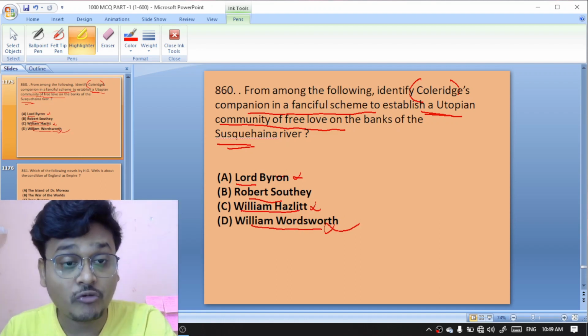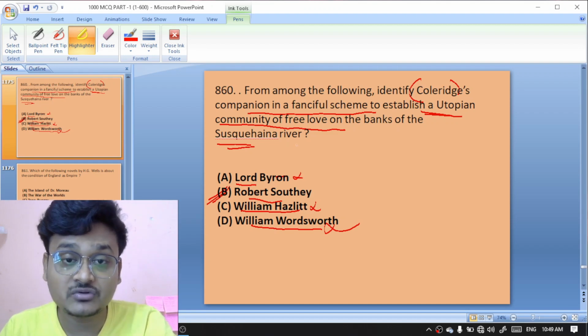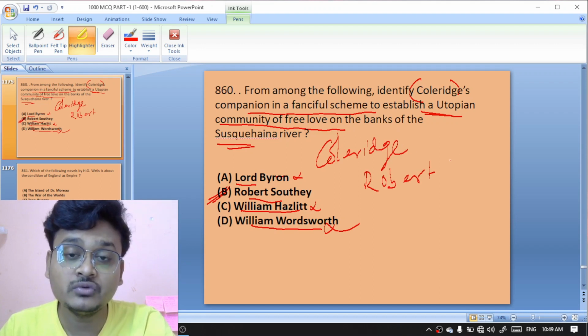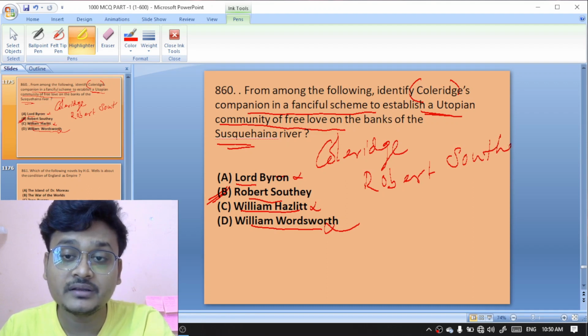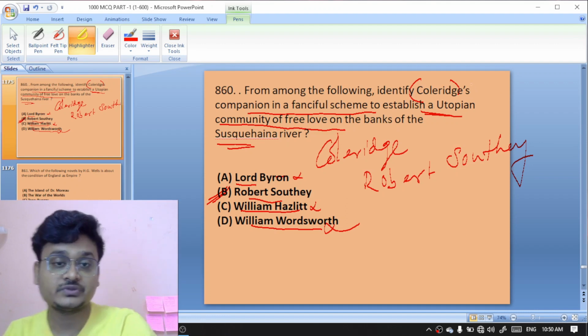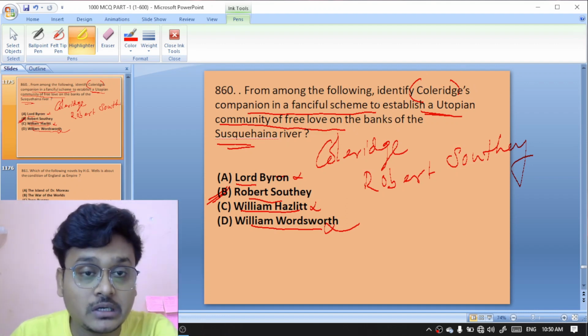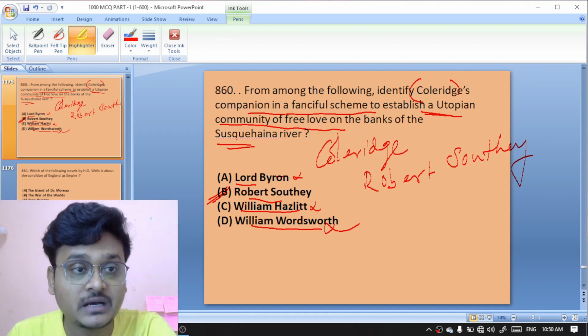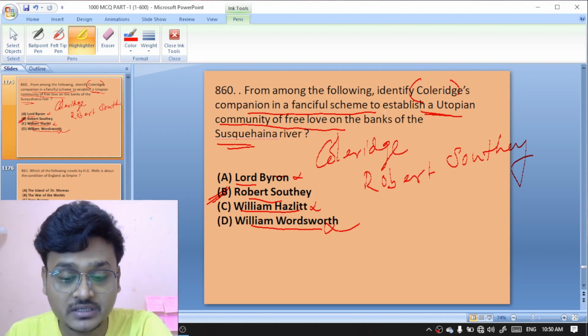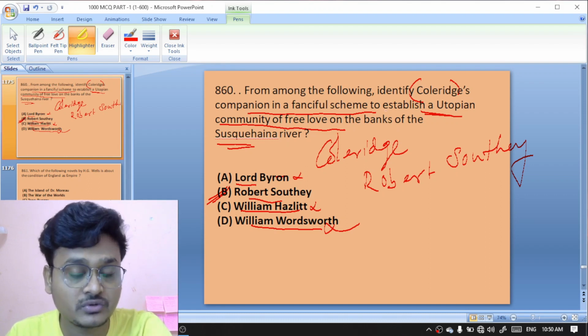So it was Robert Southey and Coleridge. They wanted to make a utopian community. That was the idea of Coleridge and Robert Southey, but it was never completed by them. They failed to do so.